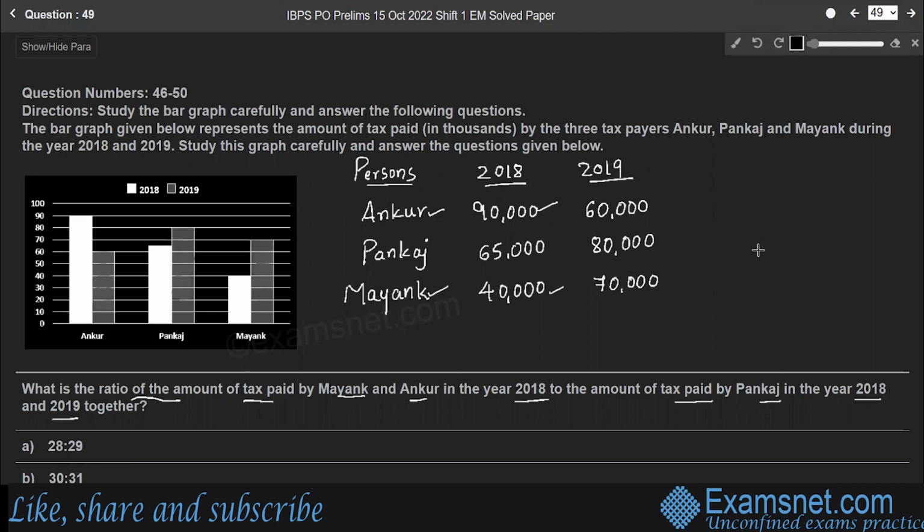So the total amount is 90 plus 40,000 to the amount of tax paid by Pankaj in the year 2018 and 19. So Pankaj paid 65,000 in 18 and 80,000 in 2019. So you have to find the ratio of these two totals, right?